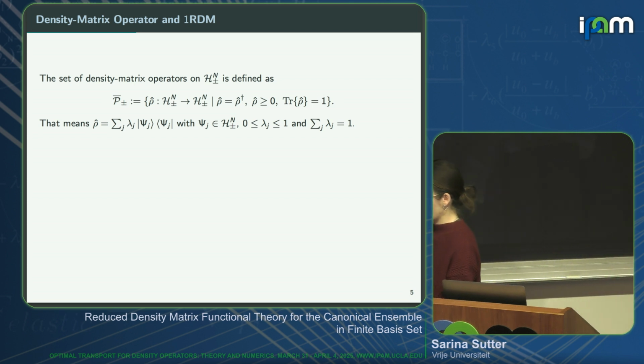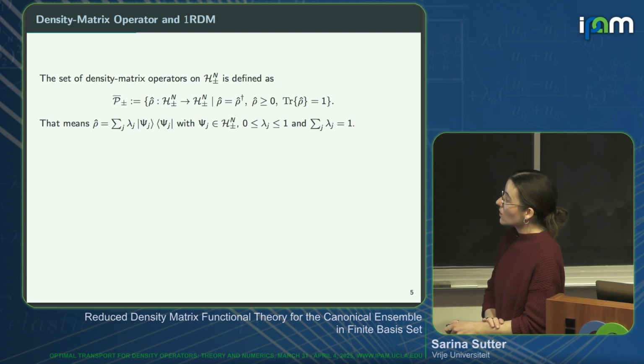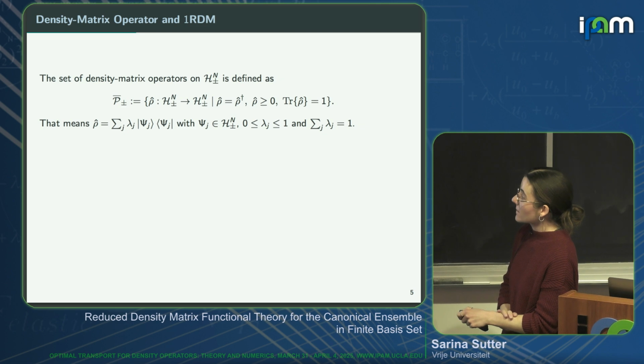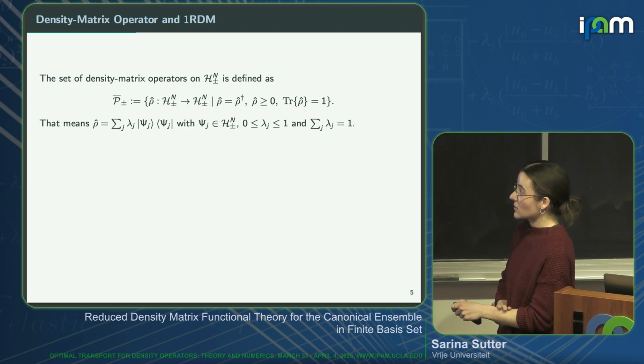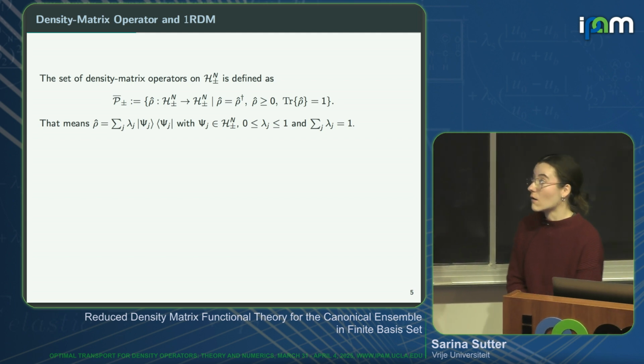This means that if we have the spectral decomposition of a density matrix, it is of the following form, where these are wave functions from our Hilbert space. That the density matrix is greater or equal to 0 means that these weights are greater or equal to 0, and that the trace is 1 means that the weights sum up to 1. And of course, this condition together with this condition means that the weights need to be smaller or equal to 1.